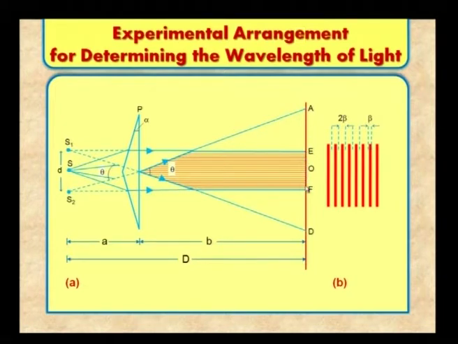In the region EF where the light beams are interfering, you get bright and dark bands: a bright band, dark band, bright band, dark band, and from these you can measure what is called beta. Beta is the bandwidth. What is bandwidth? The distance that separates two successive bright bands or two successive dark bands.